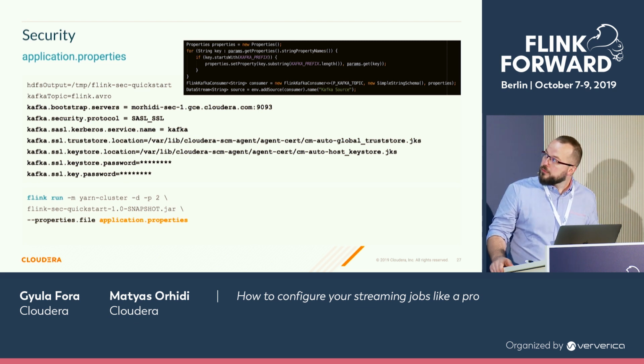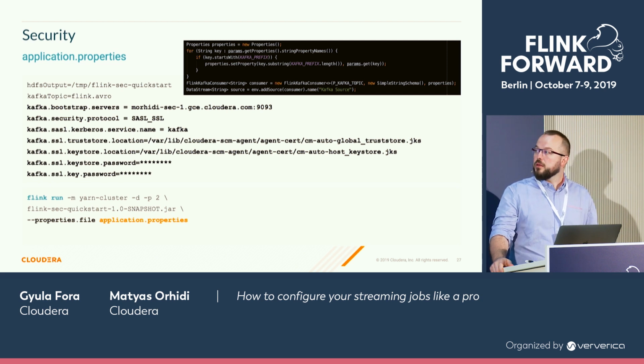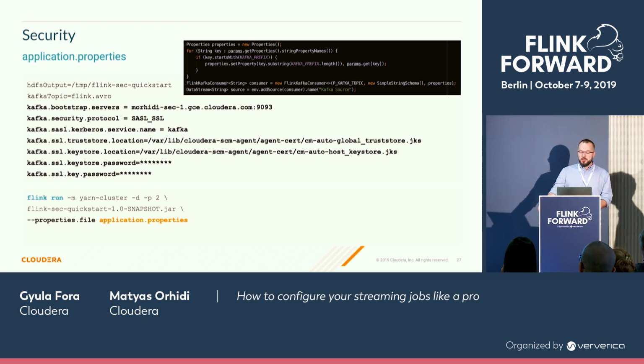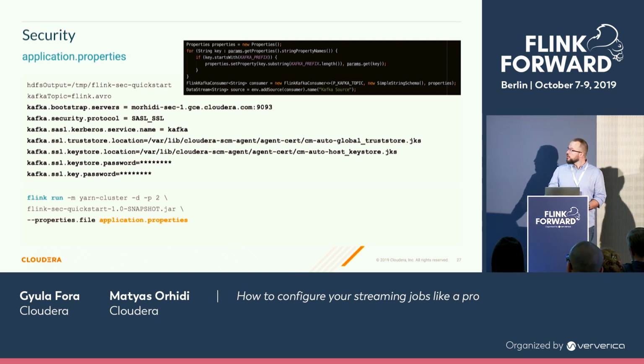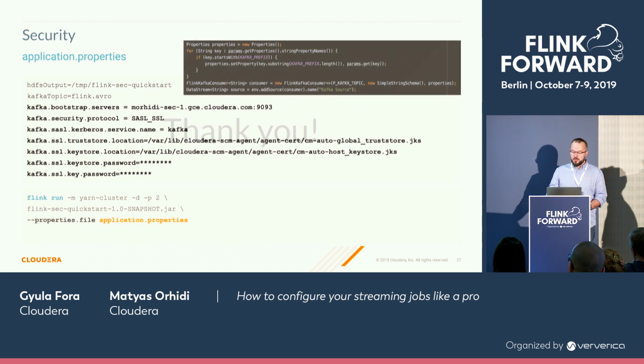I have given an example of how I configure Kafka TLS from the application. You see, I prefixed the properties here and then they are automatically forwarded to the Kafka consumer in my application code. So at the end of the day, you only need to pass an application properties file that contains all the configuration for the security as well.